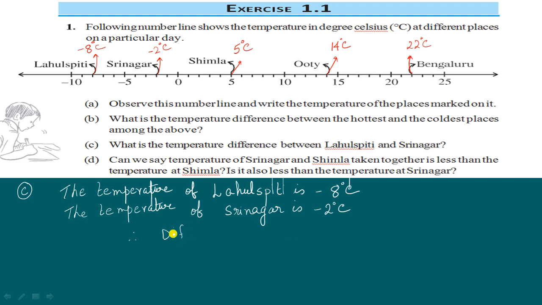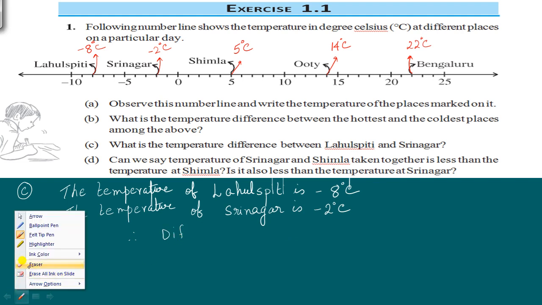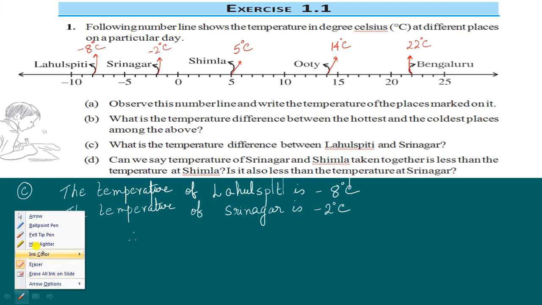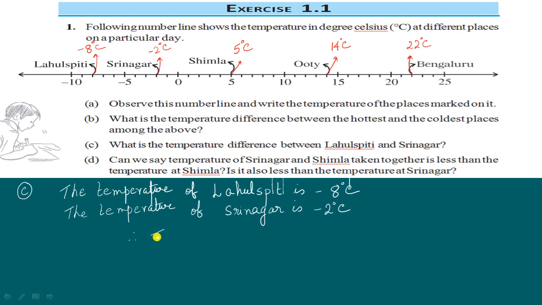Therefore, what is the temperature difference? Temperature difference is equal to minus 2 degrees centigrade minus of minus 8 degrees centigrade, right?